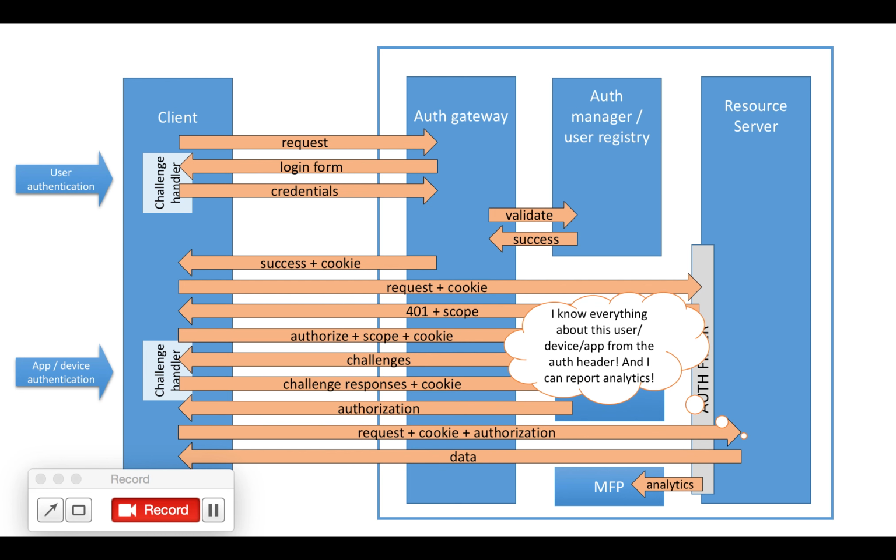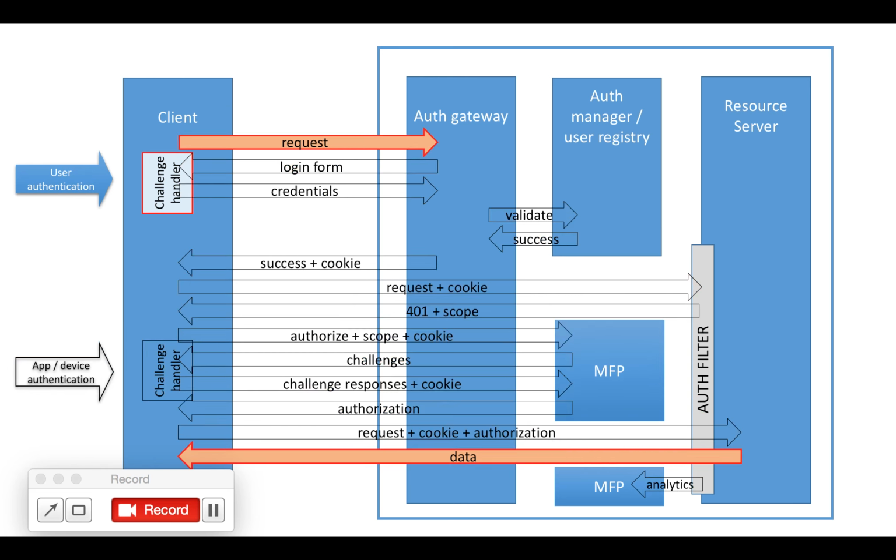And since you're using the authorization filter on your resource server, once again, your resource server knows everything about this user, this device, and this application. And of course, it can also report analytics. So if we take a look at what matters to the developer here, in most cases, that's the initial request that the user makes, and the challenge handler needs to take care of processing login forms and credentials.